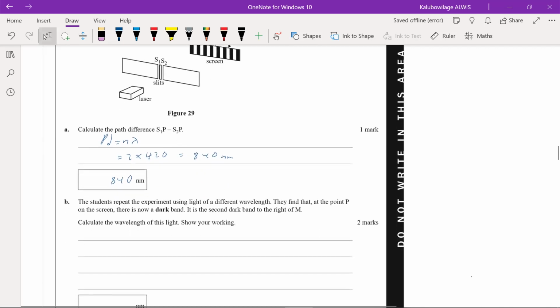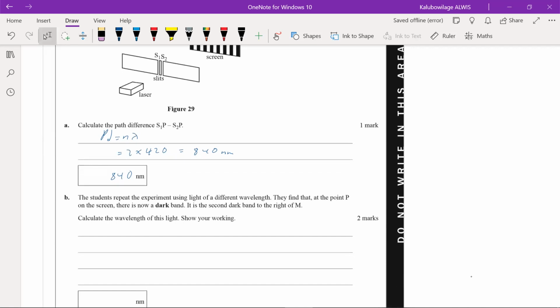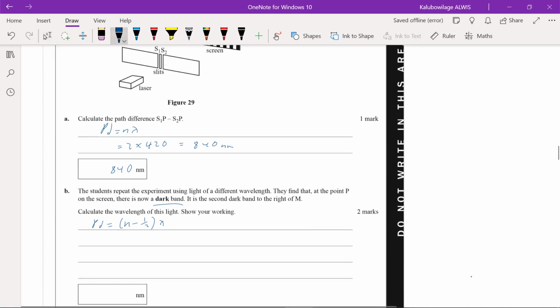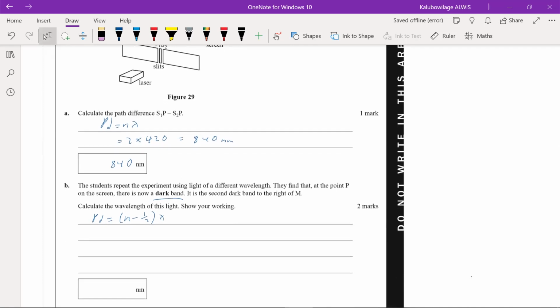Repeat the experiment using light of a different wavelength. Now it's a dark band, so it won't be an integer, it's half. It's at the same position, and we're only changing the light, so the path difference will still be the same, 840.